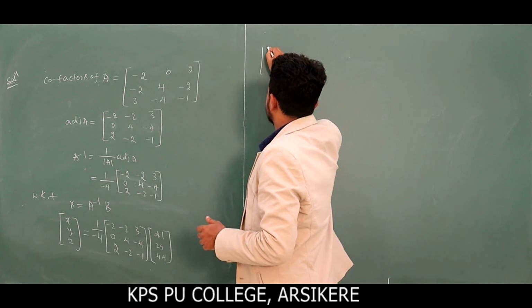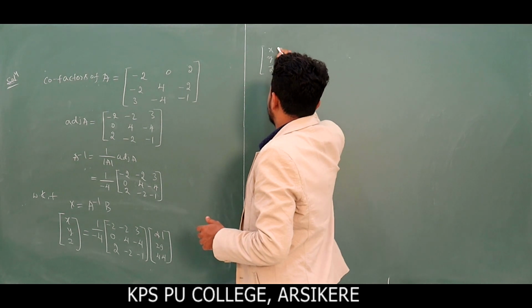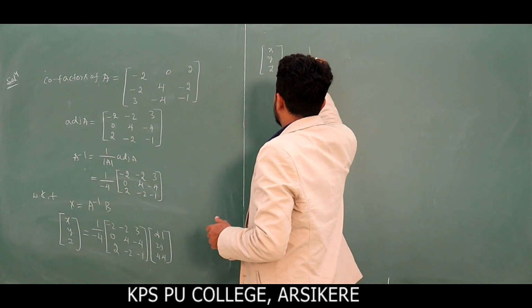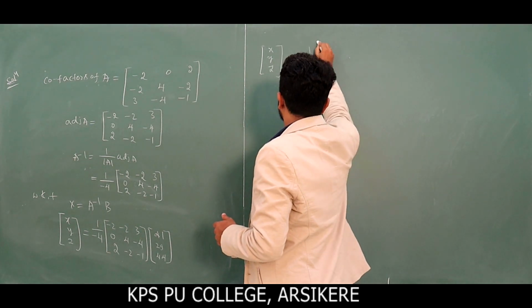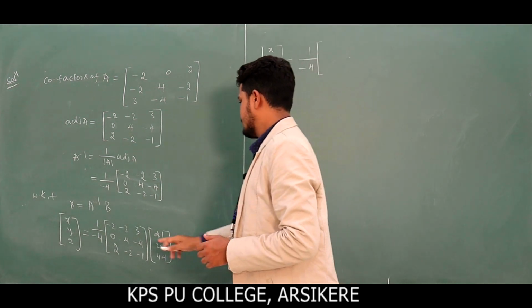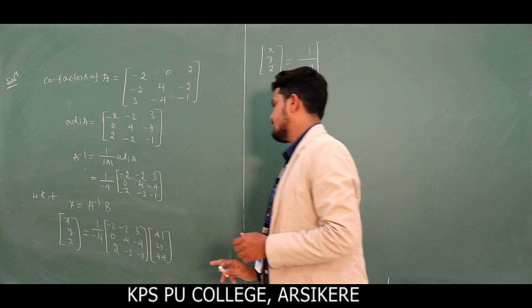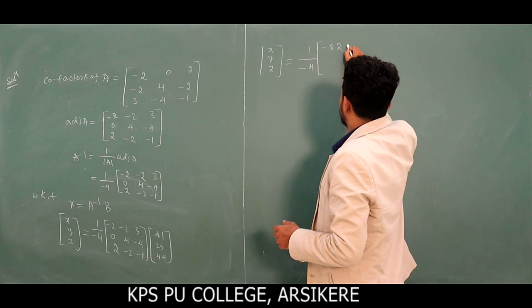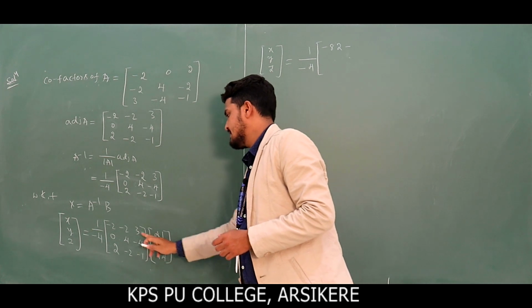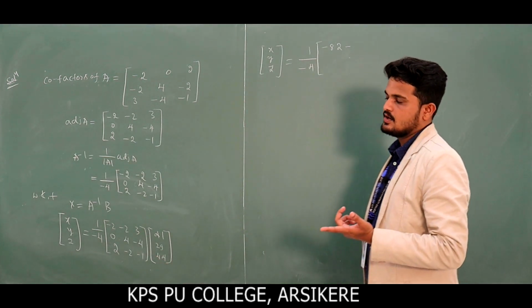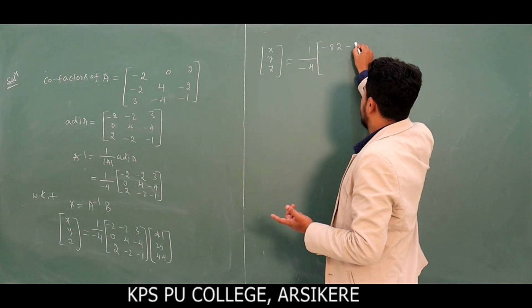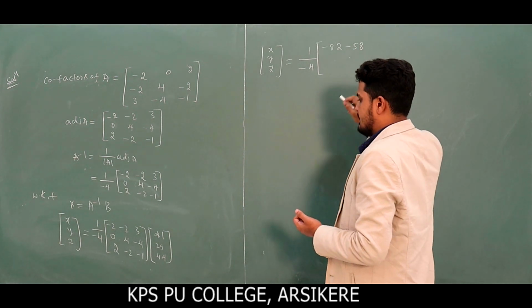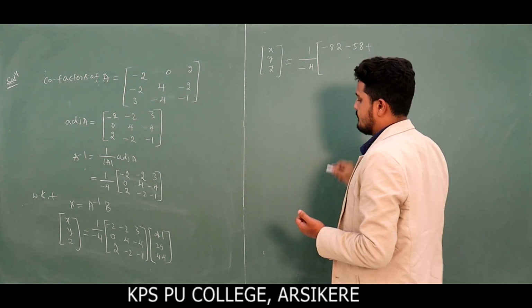So X, Y, Z is equal to 1 divided by minus 4 into, so minus 2 into 41 is minus 82, minus 29 into 2, 29 2s are 58, plus 44 into 3, 132.